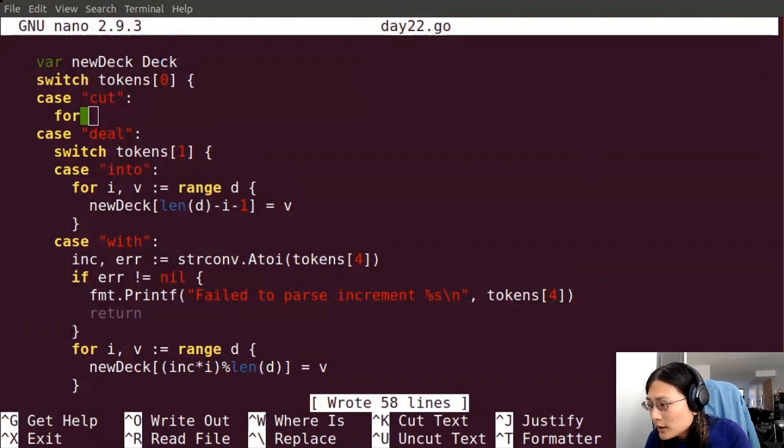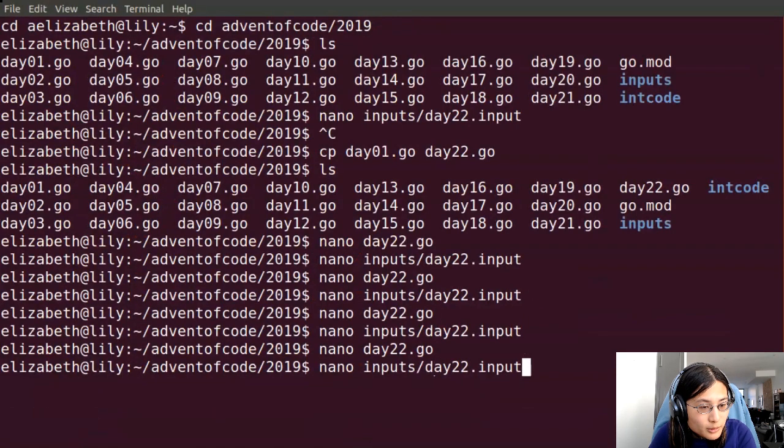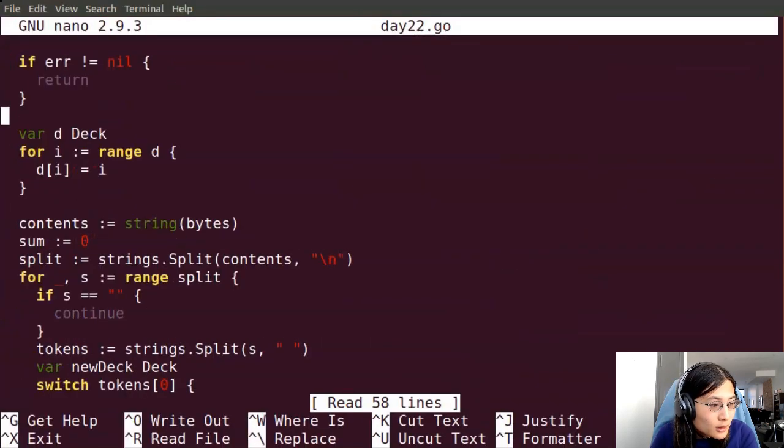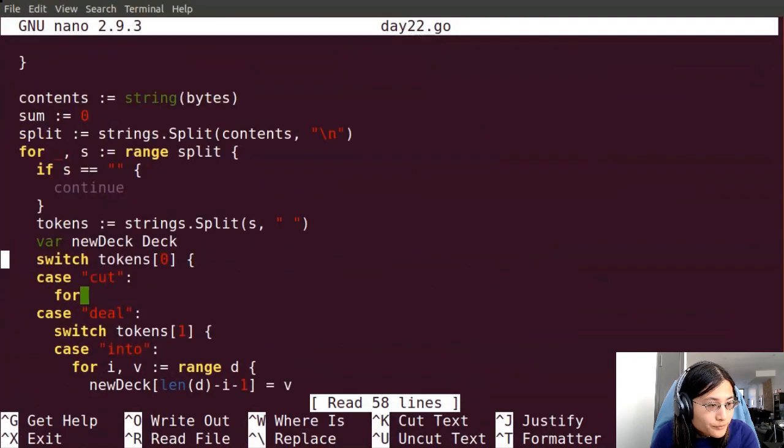So how do we deal with cut? We need to take the top N cards off and move them to the bottom. And a negative cut. Okay, so where's the position of this? It's cut, just second token.